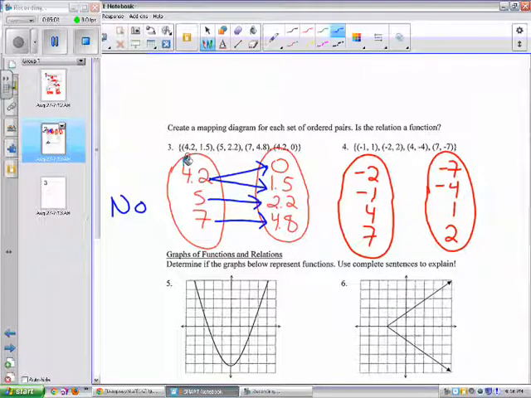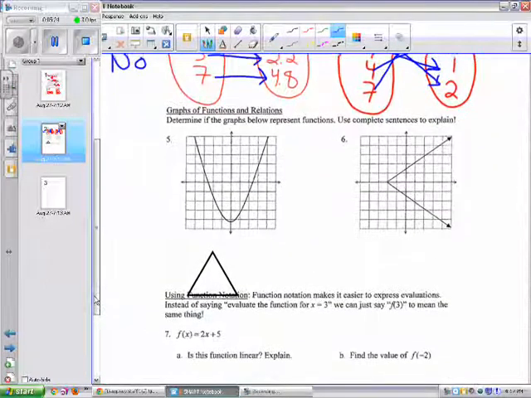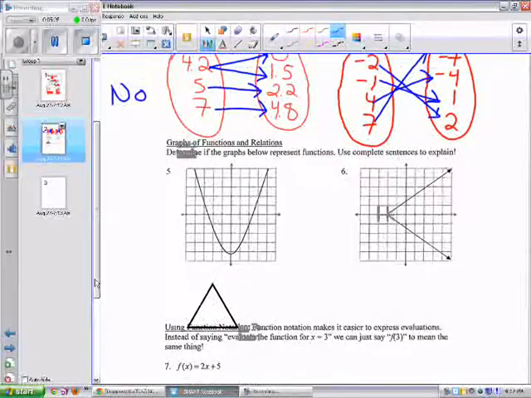And we draw our arrows to show how each value is related to the other. So -1 is paired with 1, -2 is paired with 2, 4 is paired with -4, and 7 is paired with -7. So is this a function? Well, every x value has its own y value. So yes, it is a function.